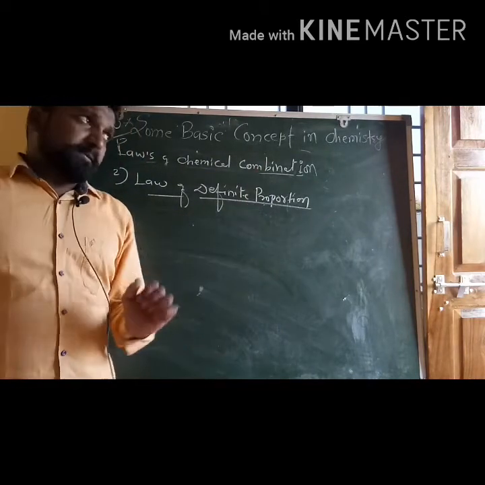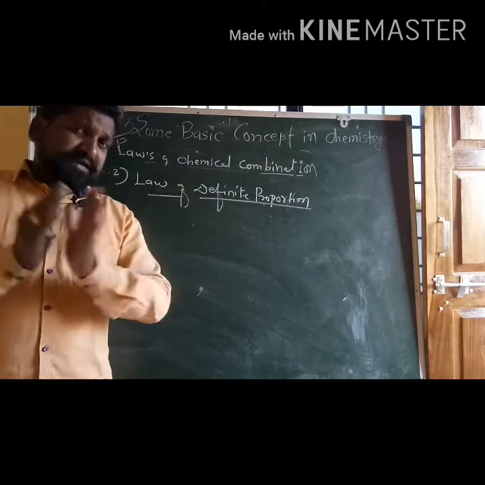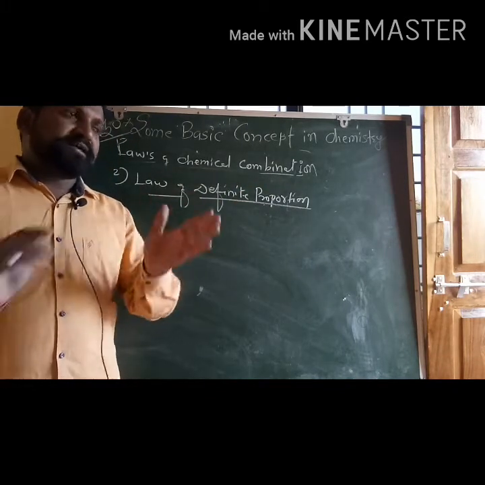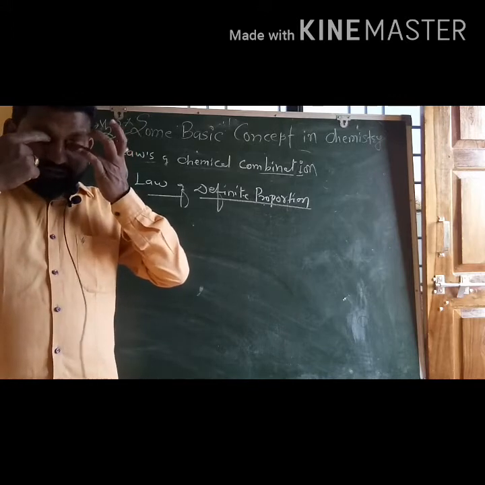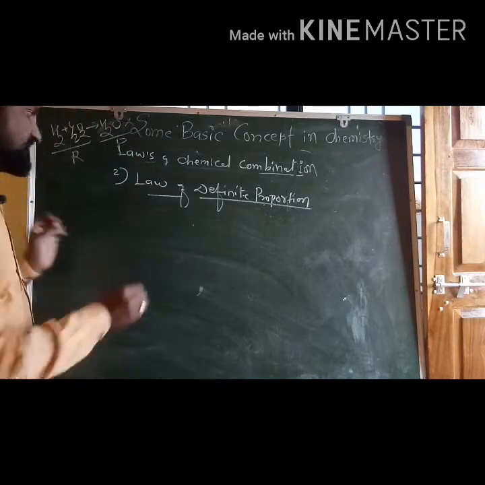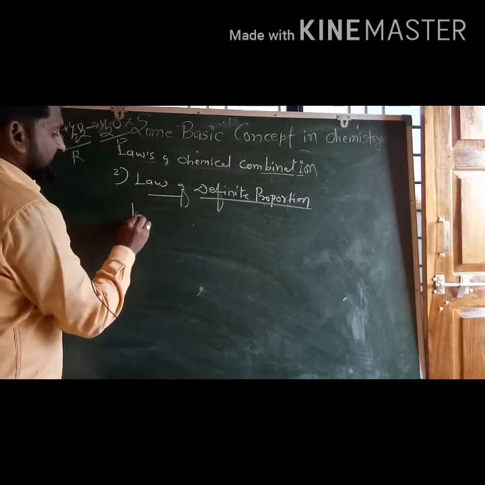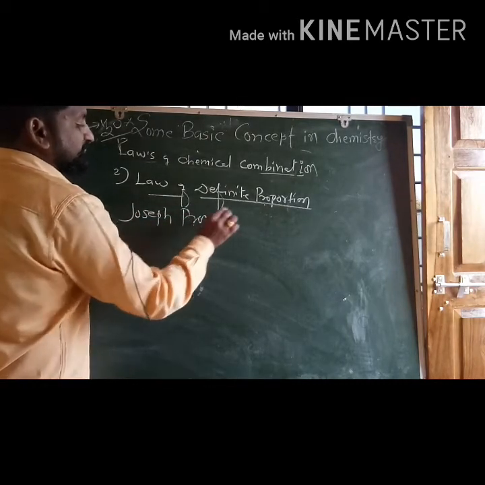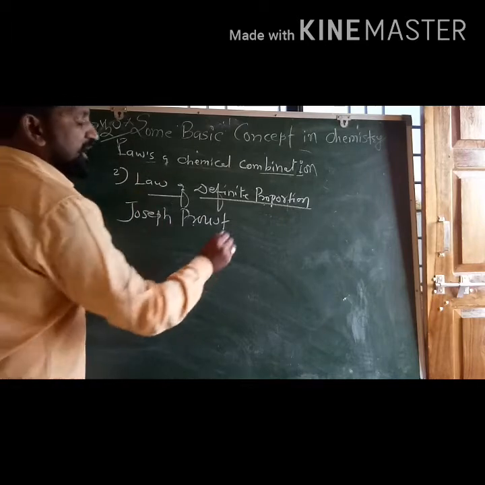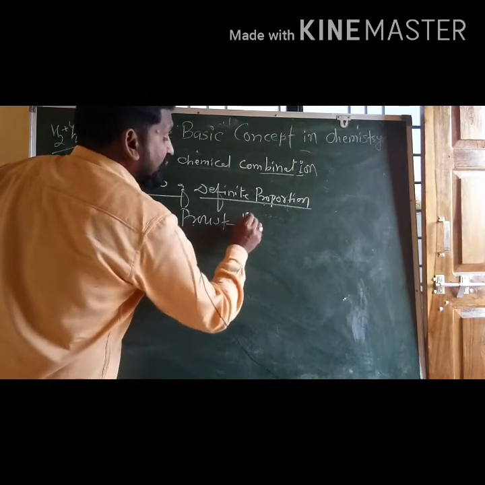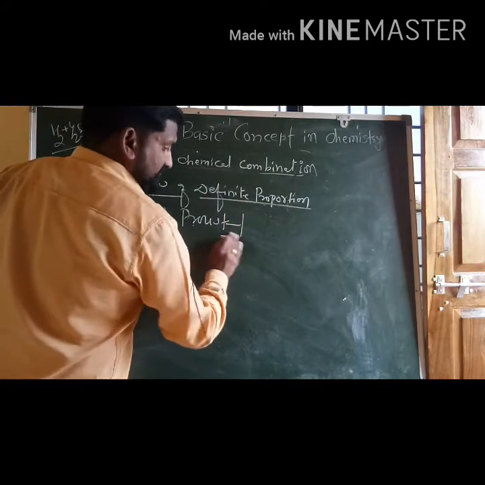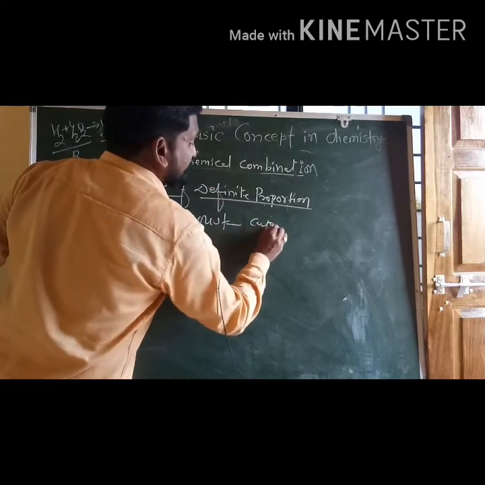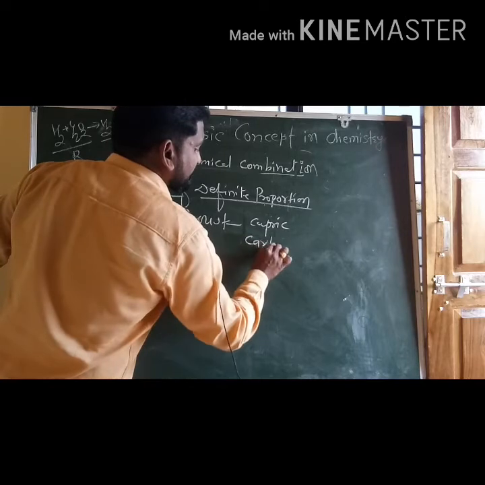It means that if we take the same compound sample from different sources, there is a French scientist, Joseph Proust. The French scientist Joseph Proust had taken two types of samples of cupric carbonate.